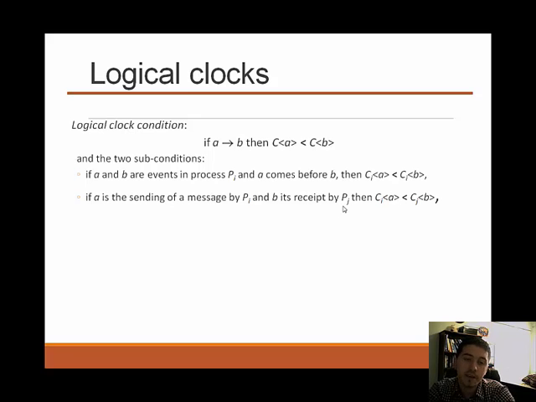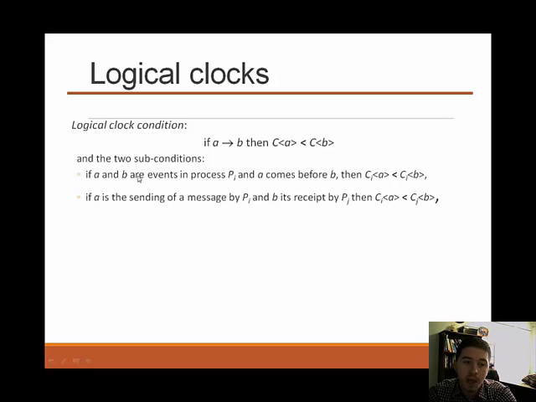In order to fix this and give a total ordering, we introduce the logical clocks, which is an important concept introduced in Leslie Lamport's paper. Now, in order to have a logical clock, we should have the following condition: if A has happened before B, then C(A) is smaller than C(B). C(A) is the timestamp of A, where A happened, and C(B) is the timestamp of B. Now, in order for us to have the logical clock concept, we should have the following two conditions as well.